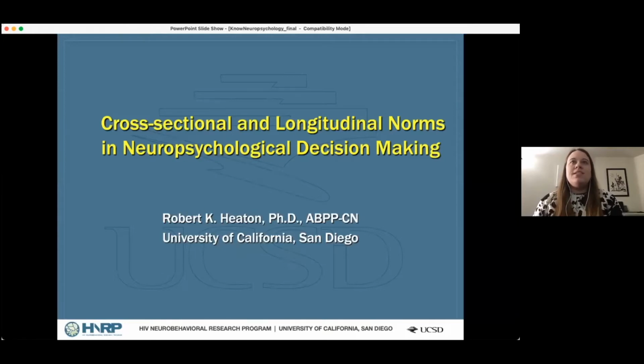This work has been done in the US and multiple international locations. He also has chaired the algorithm committee that operationalized the international Frascati criteria for research classification of HIV-associated neurocognitive disorders. These included criteria for classifying neurocognitive impairment, symptomatic status, and 3 levels of comorbid conditions.